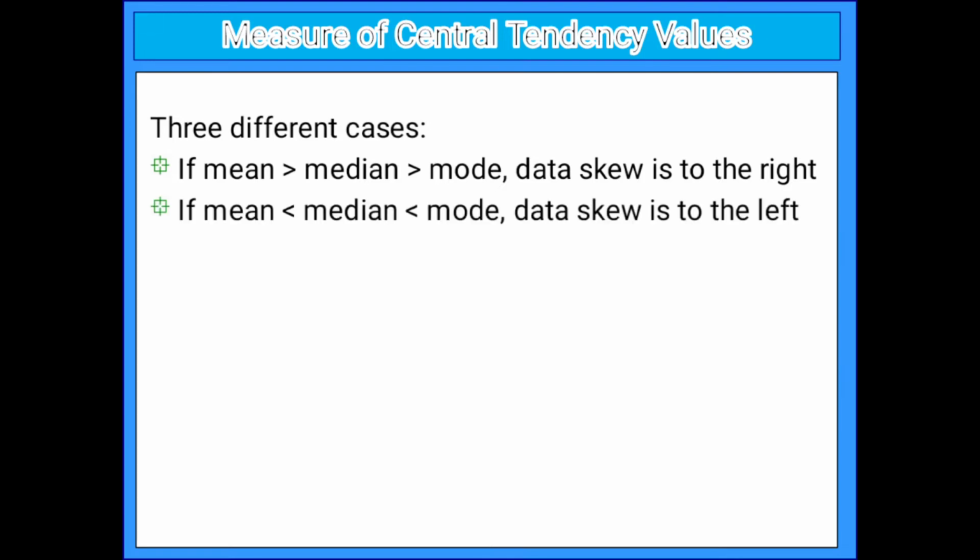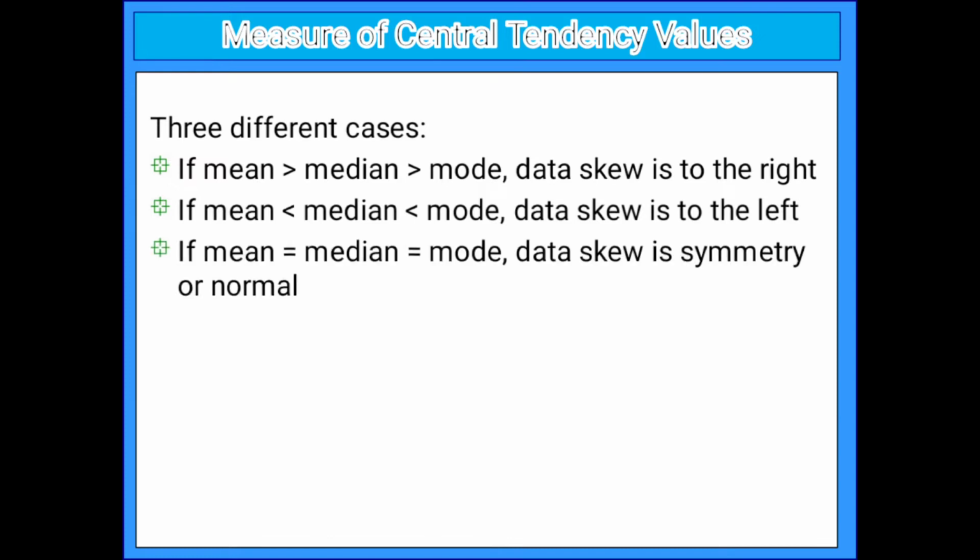But when the mean is the lowest value, the data is skewed to the left. And if the values of the mean, the median, and the mode are equal, the data is normal, or it is a so-called normal distribution. Okay, aside from saying that it is a symmetrical distribution, we can say it as well a normal distribution.